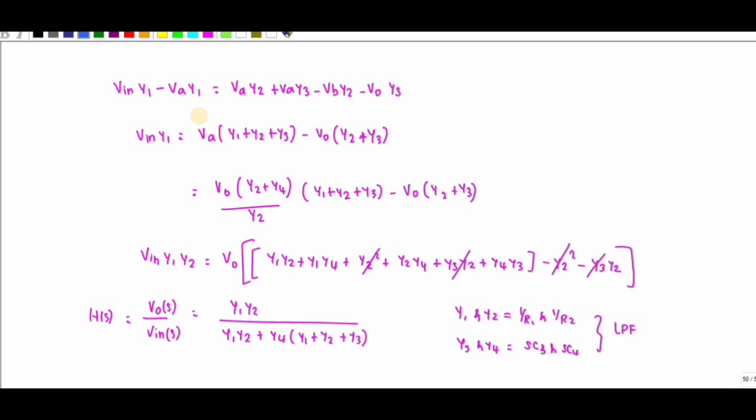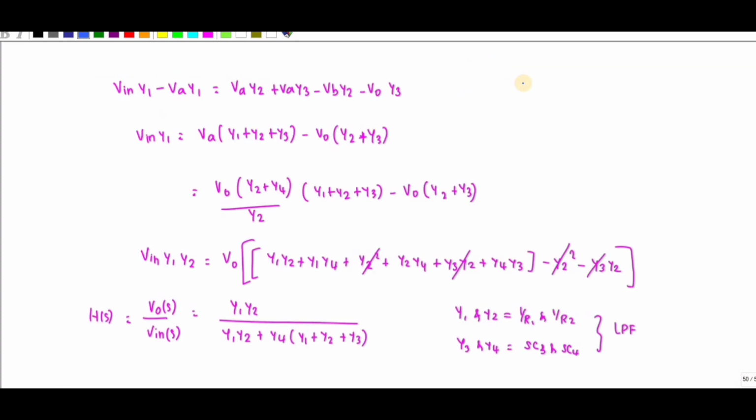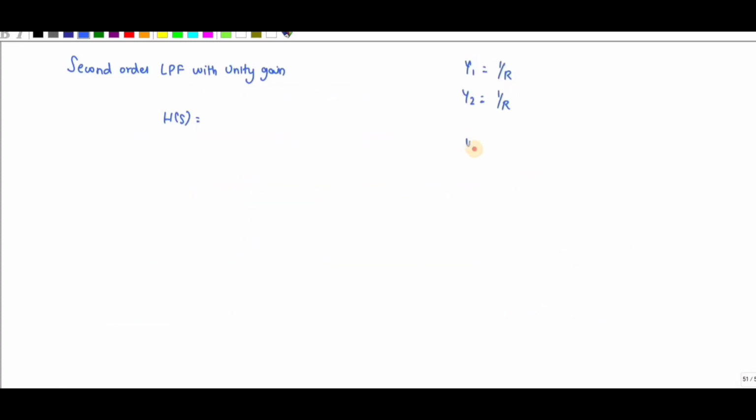I need to substitute 1 by R1 and 1 by R2 for Y1 and Y2. Instead of R1, I am substituting R. So Y1, Y2 is equal to 1 by R, 1 by R, and Y3 and Y4 is equal to SC3 and SC4.